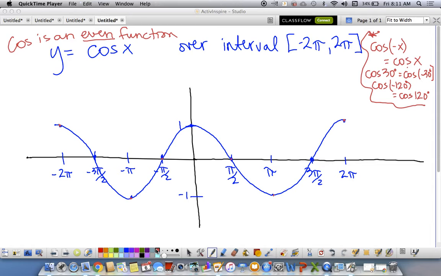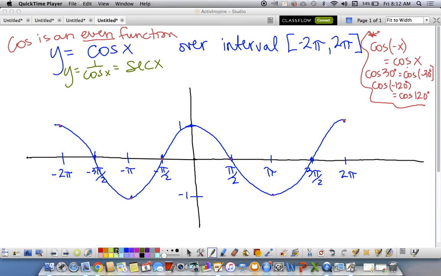Alright, so yesterday we talked about reciprocal functions also. What is the reciprocal function for cosine? So 1 over cosine is equal to secant x.